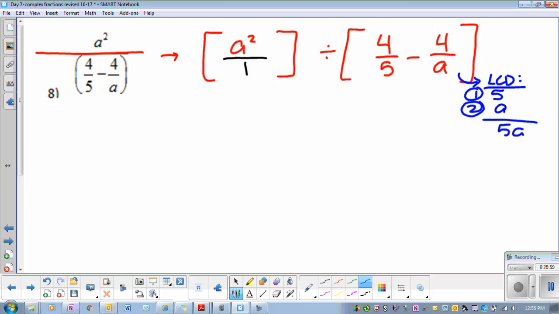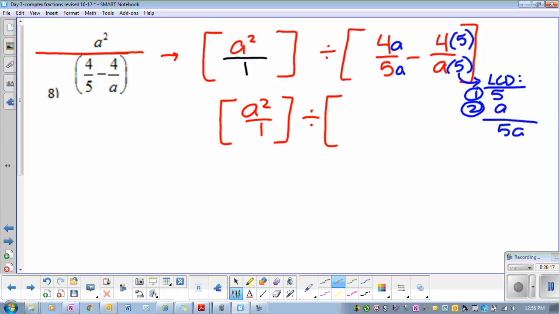What is the first one missing? A. What is the second one missing? 5. Okay. So let's rewrite this. A squared, divided by 4a minus 20. Good.